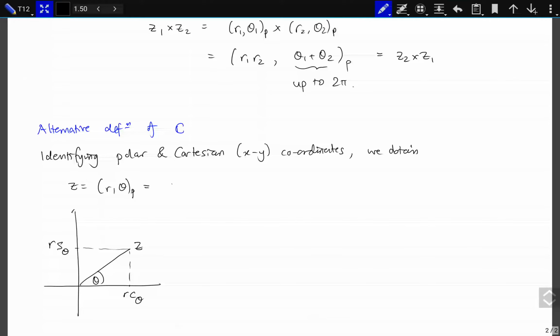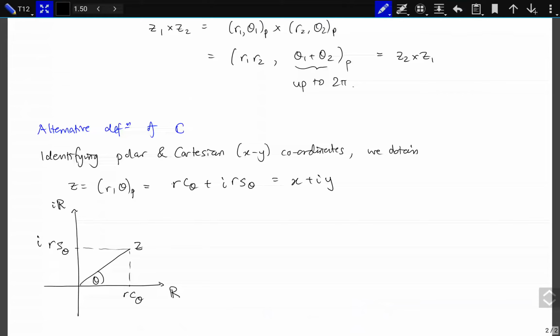But we're going to write it in a slightly funny way. Here's the real axis, there's the imaginary axis. We view the complex number as r cos theta plus i r sine theta, which is what we traditionally write as x plus iy. And why do we have the i here?